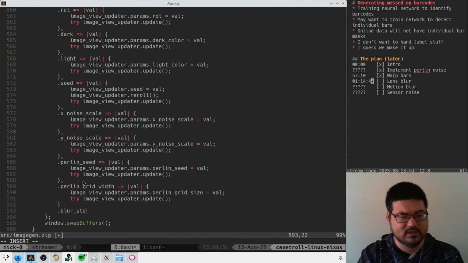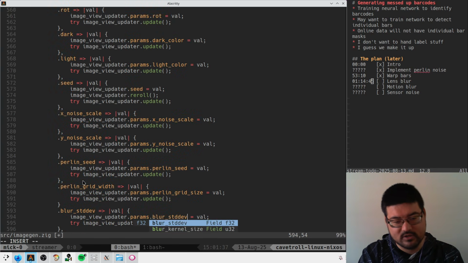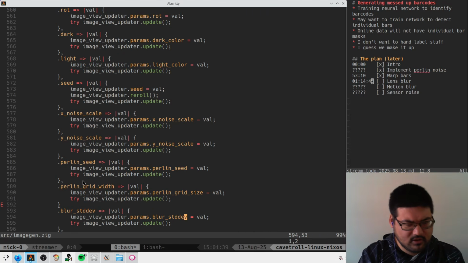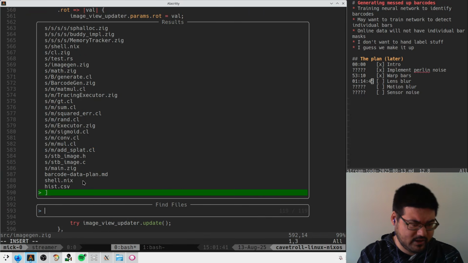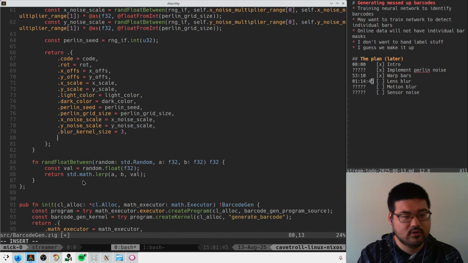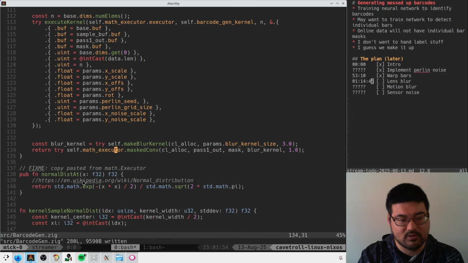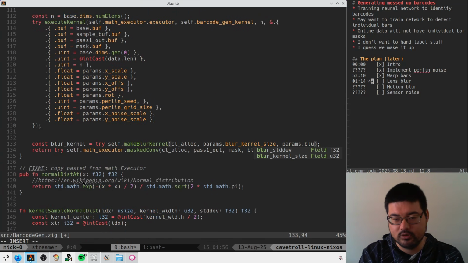So blur standard deviation says, could we change the blur standard deviation and update that. Cool. Then in the barcode generator, we need to use that. Wherever we pass in that 3.0, this needs params, blur, standard deviation.